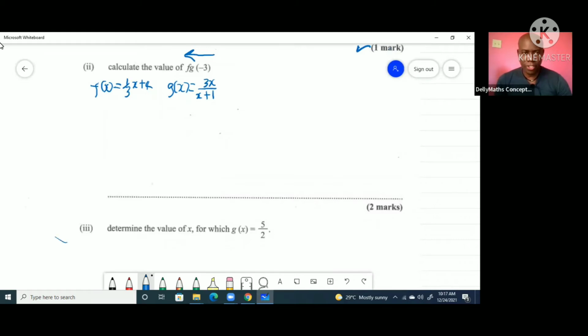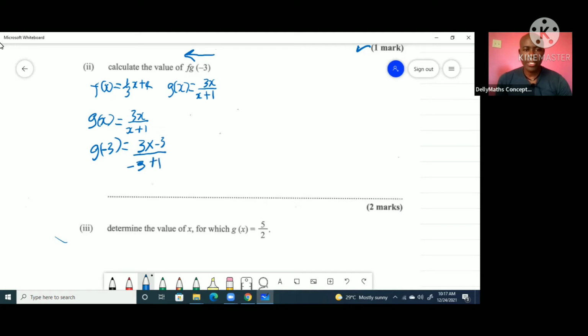So using the g function, g of x is equal to 3x all over x plus 1. I'm going to find g of -3. So g of -3 means that we're going to have 3 times -3 all over -3 plus 1.